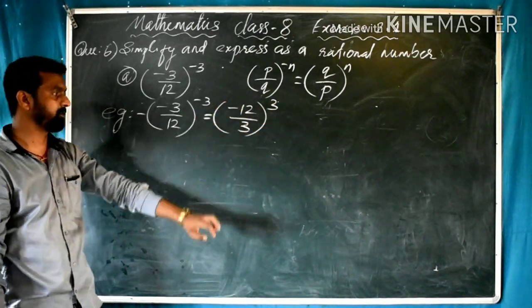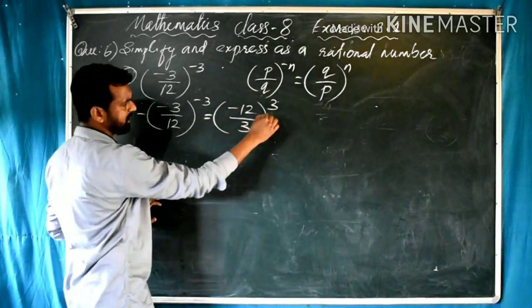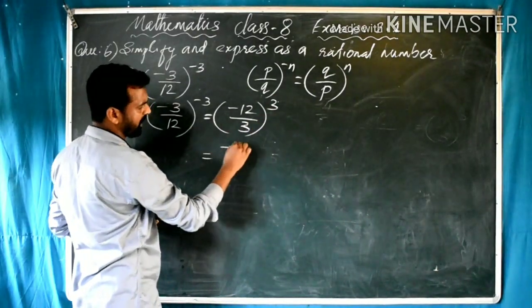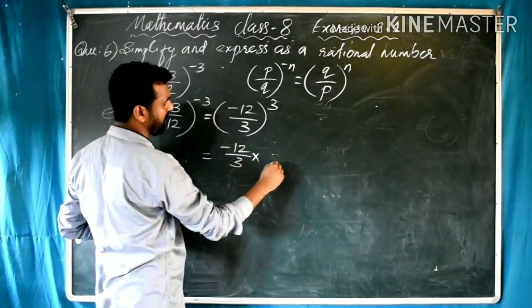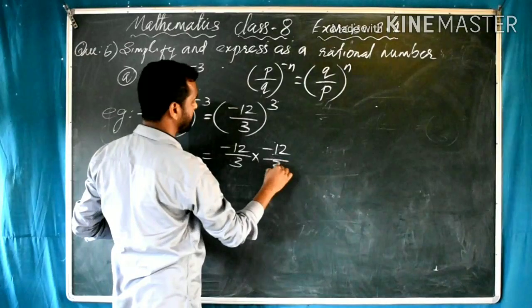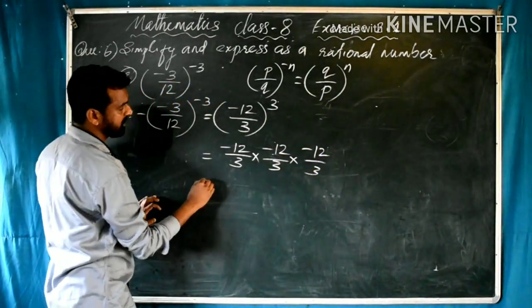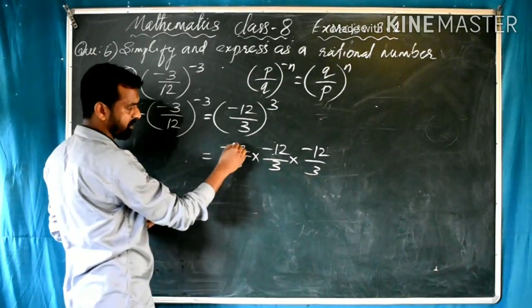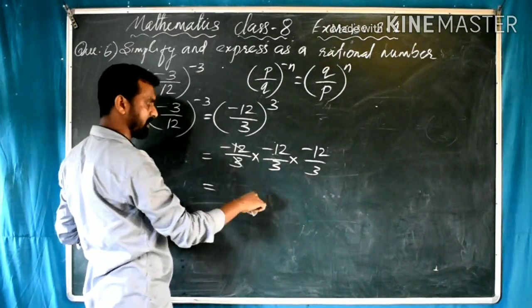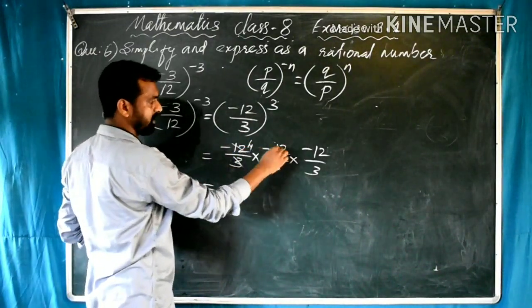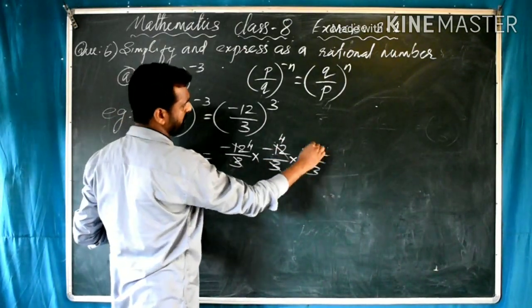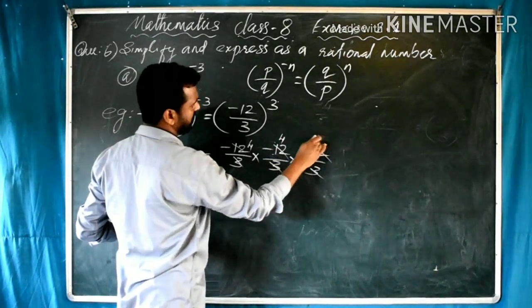Now we have to simplify this one. Minus 12 by 3 raised to 3 is equal to minus 12 by 3 multiplied 3 times. Minus 12 by 3 into minus 12 by 3 into minus 12 by 3. 12 divided by 3 we can cancel that. 3 4s are 12. 3 4s are 12. 3 4s are 12.